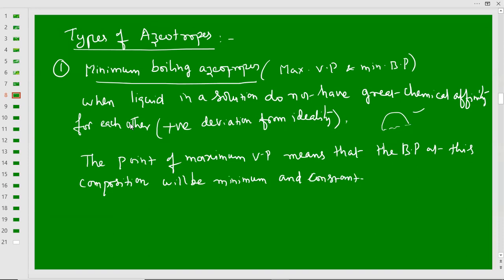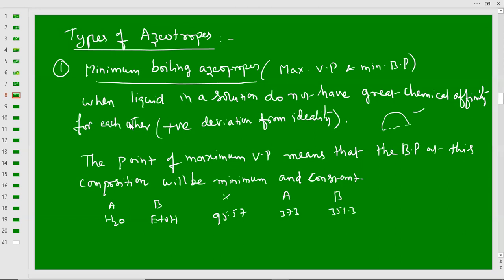Suppose for minimum boiling azeotropes, you have components A and B. Direct examples we have: if component A is water and ethyl alcohol is component B, the mass percentage of B is taken as 95.57. A's boiling point is noted as 373 Kelvin, B's boiling point is 351.3 Kelvin.